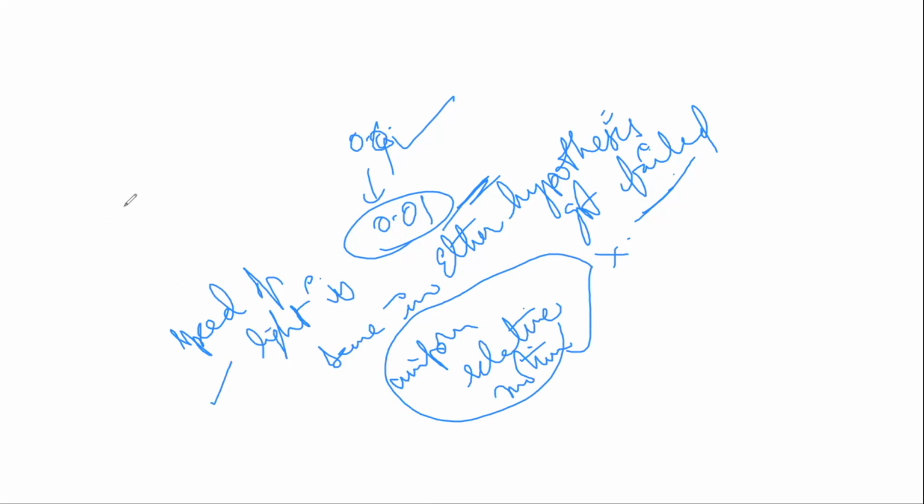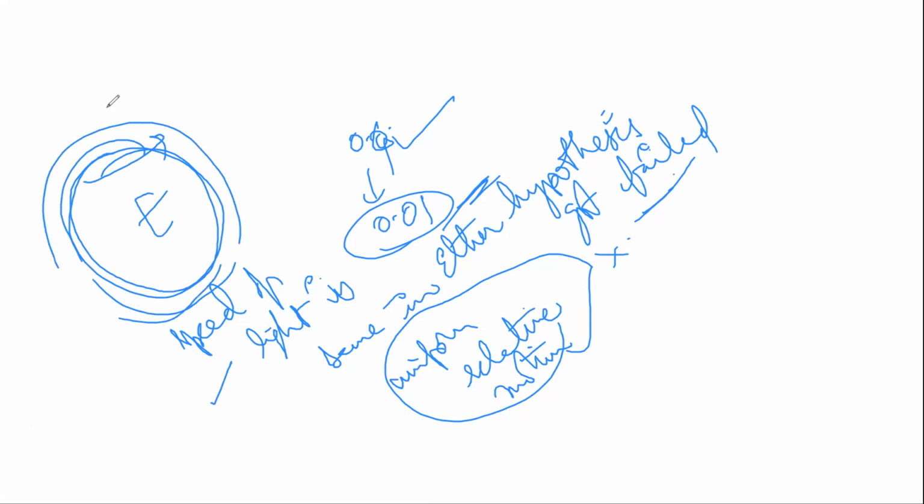Now later this negative result was explained by the Lorentz contraction hypothesis and light velocity hypothesis and other things. They thought that ether is dragged by the earth, like ether, the space, is also dragged around with the earth's motion, the earth's spin.